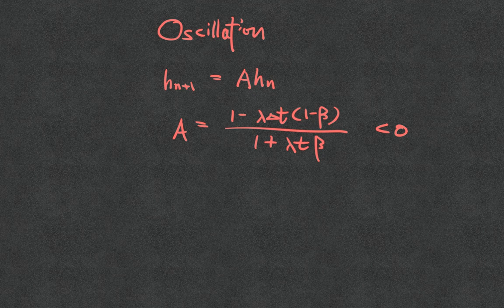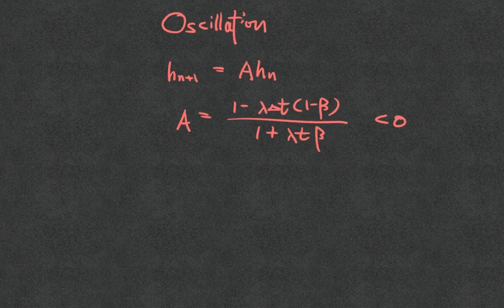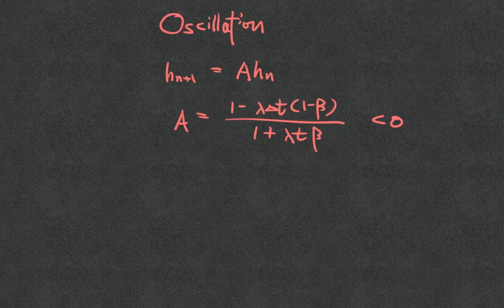Now, let's look at the sign of A, okay? If we look at the equations, how do I actually change the sign of A? Let's look at the one at the top. Let's look at this term, okay? 1, of course, is greater than 0, and we assume lambda is greater than 0, and delta t is greater than 0 because you're marching in time, and beta are all greater than 0, right?